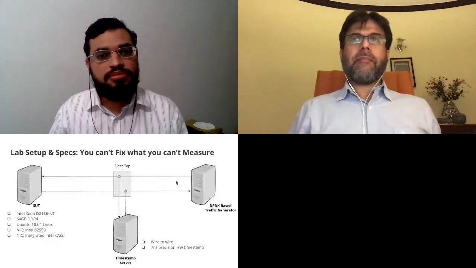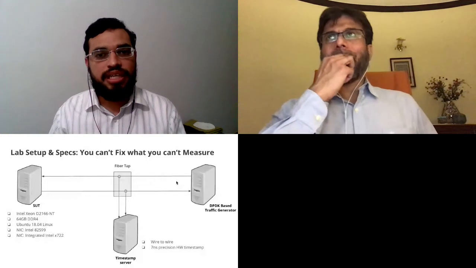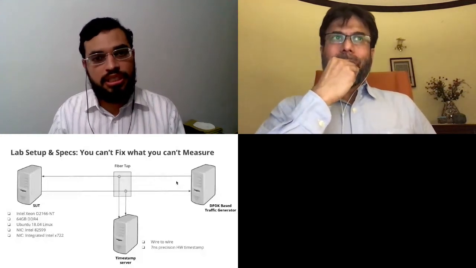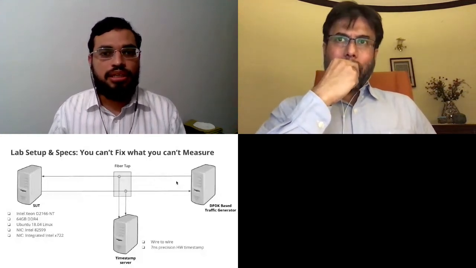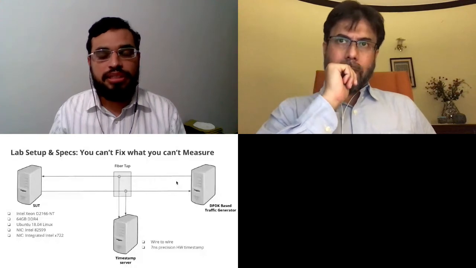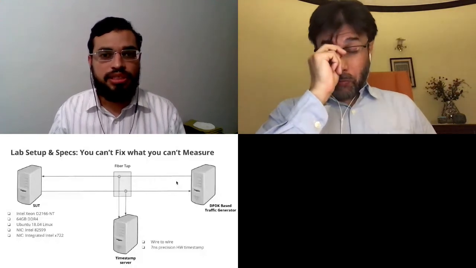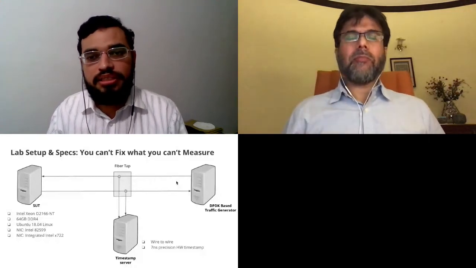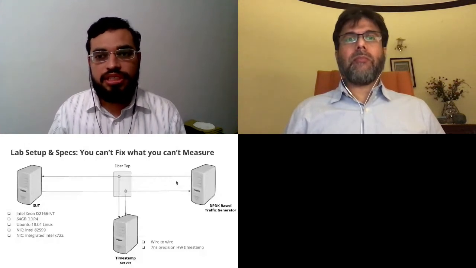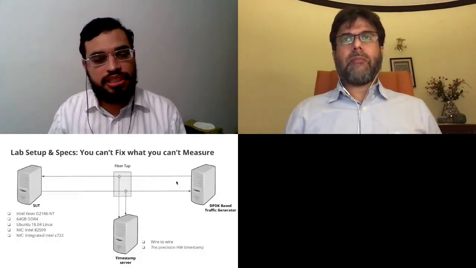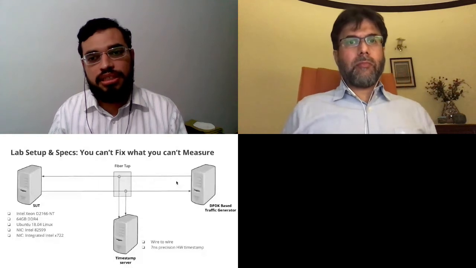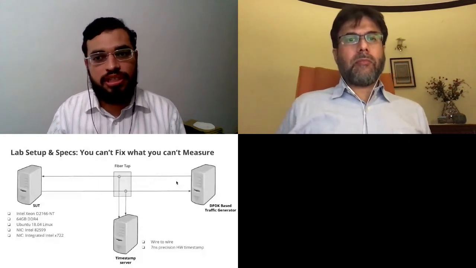Our timestamp server can timestamp within 7 nanosecond precision. We compare the incoming packets and the outgoing packets, and get our latency measurement. This system mimics stack T1, which is widely accepted in the algo trading industry. This is remotely deployable and operable for application measurement.